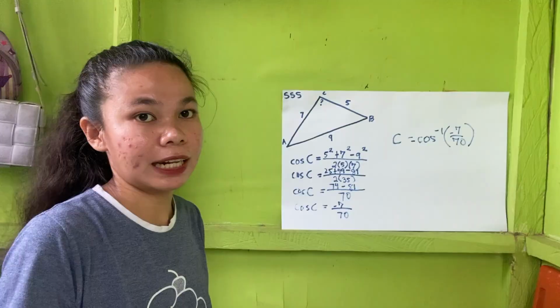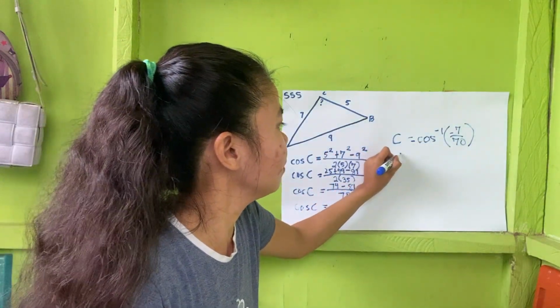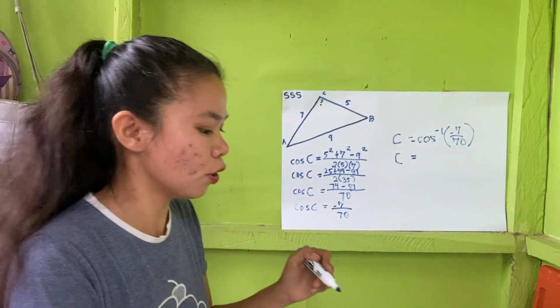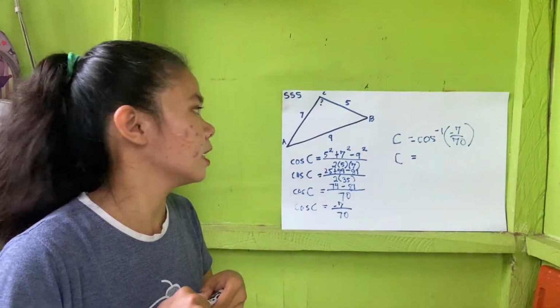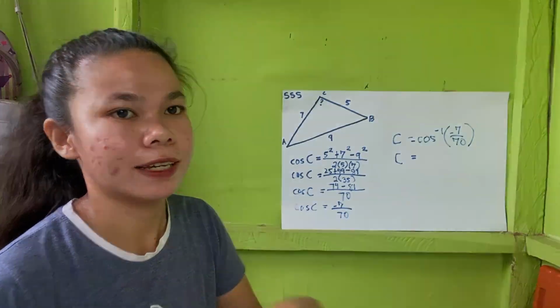Now, using our calculator, we are going to input this one and we can have the value for C, or the measurement of the angle C.